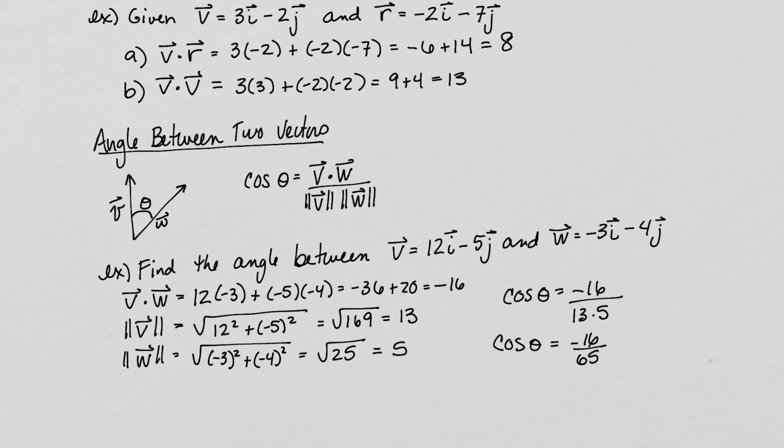Yeah, find the inverse. So theta is going to be the inverse cosine of negative 16 over 65. And if you work out what that is, it's 104.3 degrees.